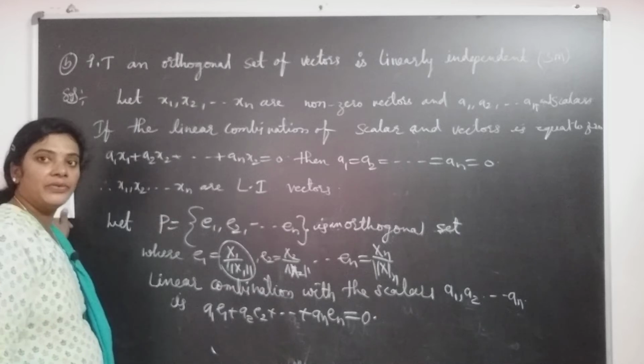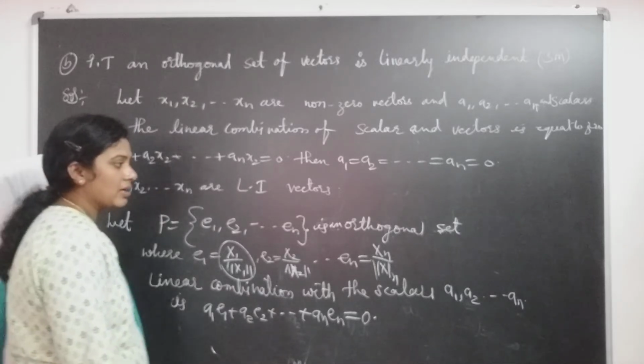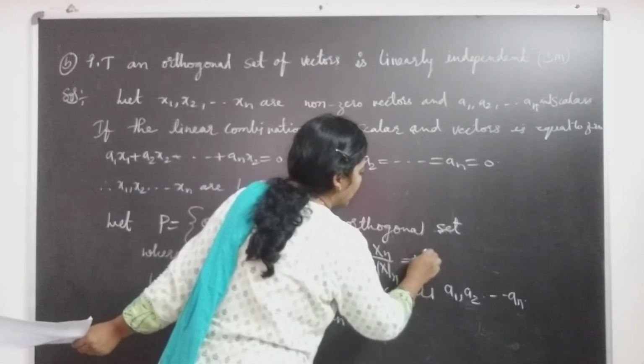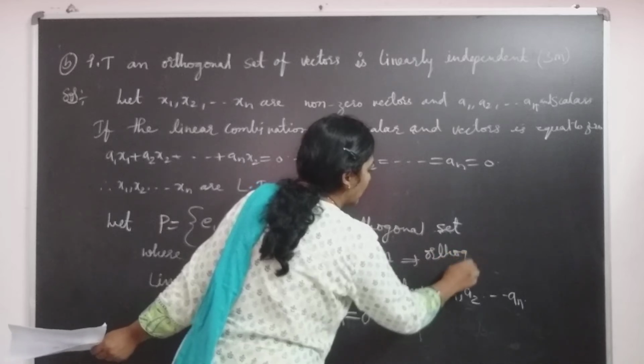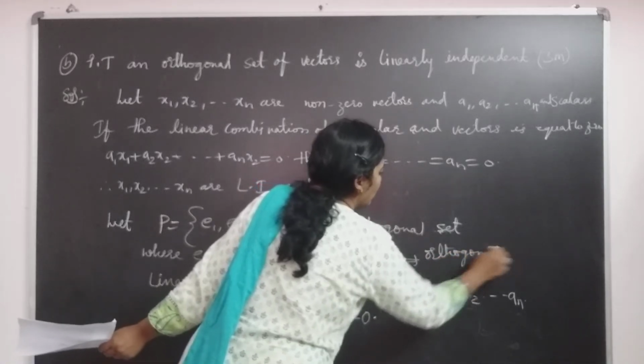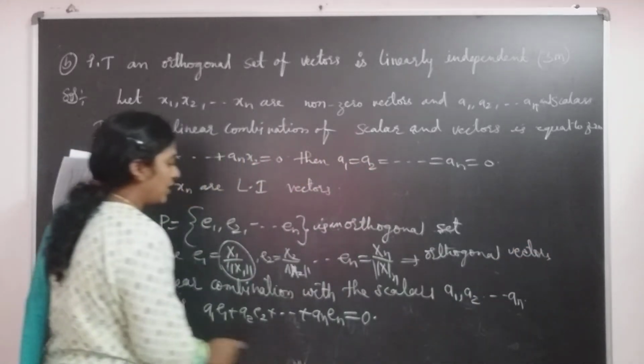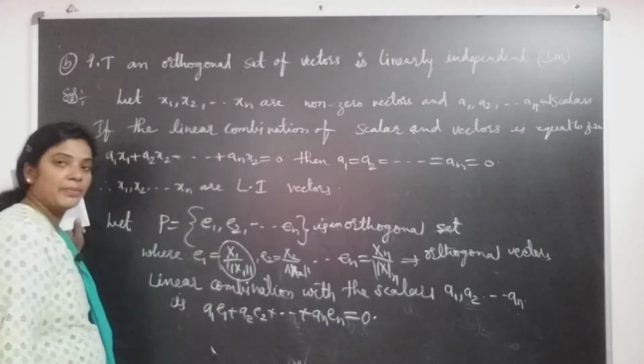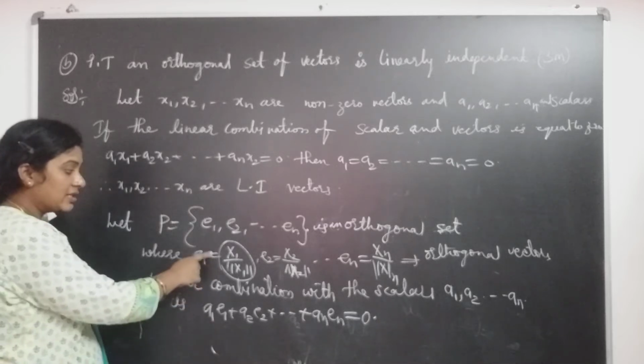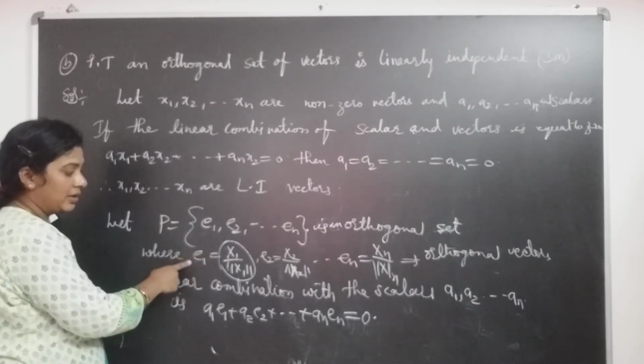Clearly here e1, e2, so on en are orthogonal vectors. Orthogonal vectors means those satisfy the relation x1 by norm x1, which is clearly equal to 1.